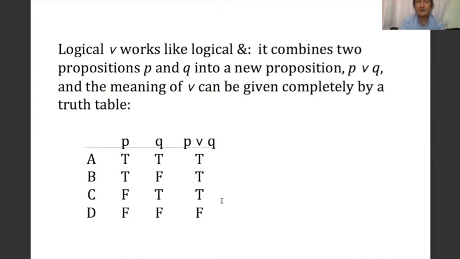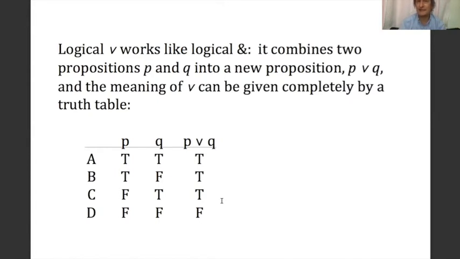If both P and Q are true, P or Q is true. This is a little bit of an unintuitive aspect of this symbol, but we're defining the symbol, so it's not something that you can have intuitions about and think it's wrong.